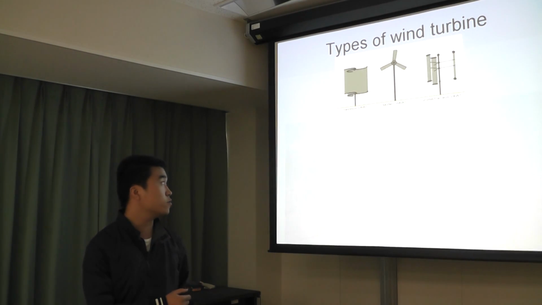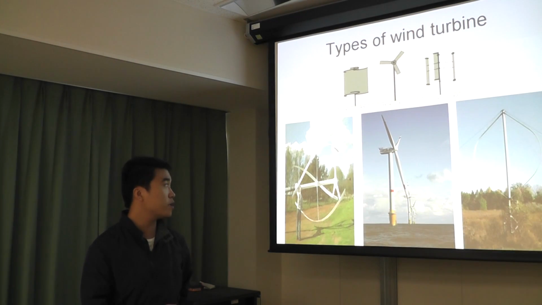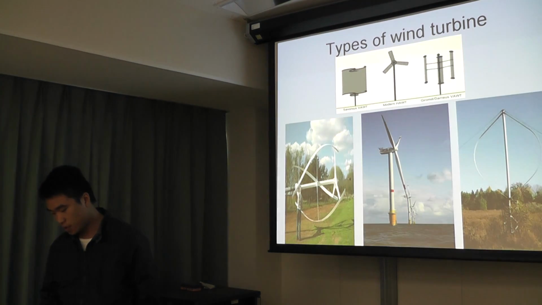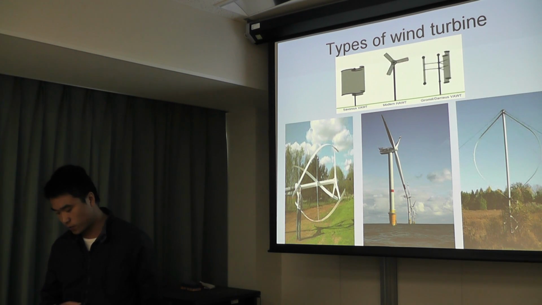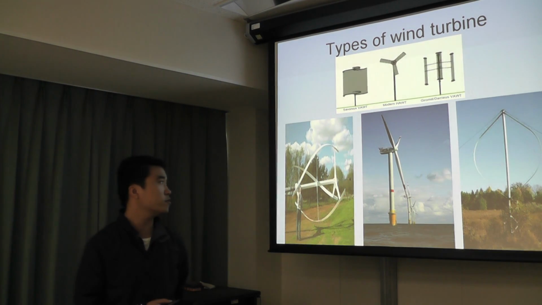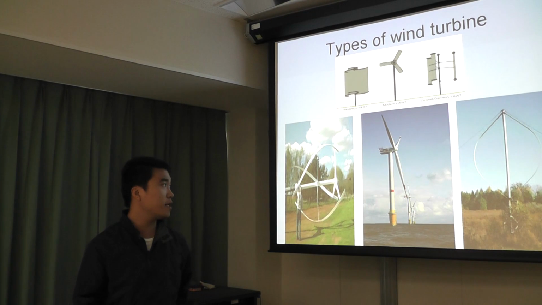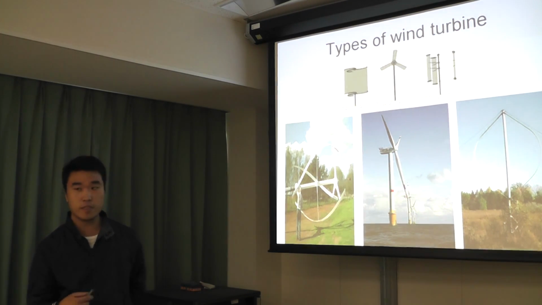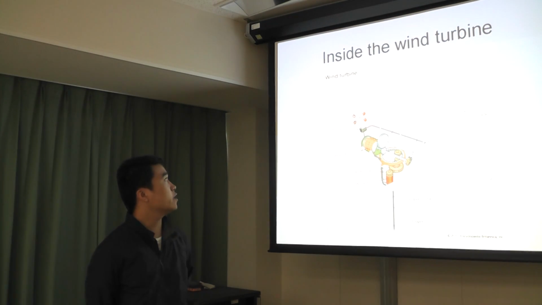The small ones were used to power sailing ships, and the large ones are used for applications such as generating electricity. Today I'd like to explain the big one, in the middle, which is used to generate huge electrical power.